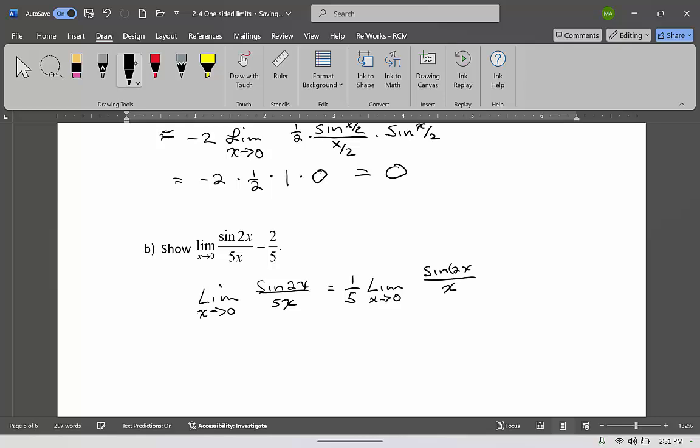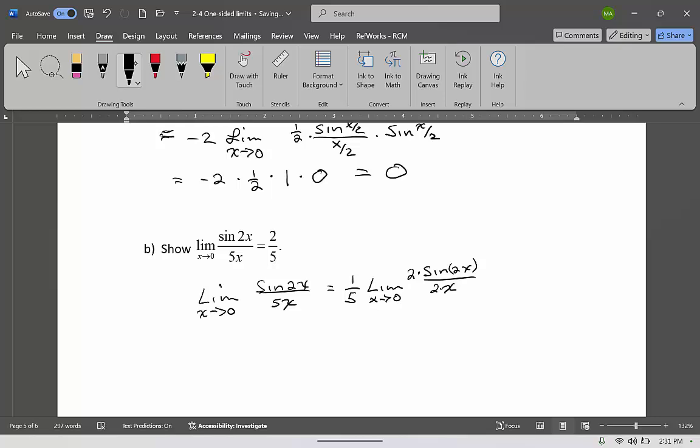And so now we have the same sort of thing. I need the thing in the denominator here to match what I'm taking the sine of. So that means I can multiply this by 2, but of course we can't just multiply the denominator by 2 without multiplying the numerator by 2.